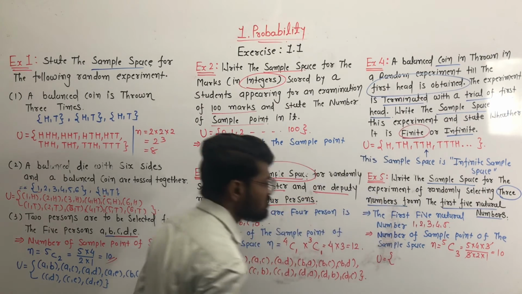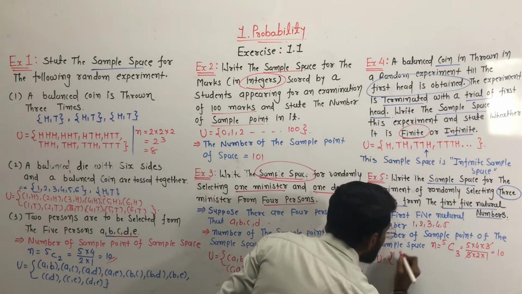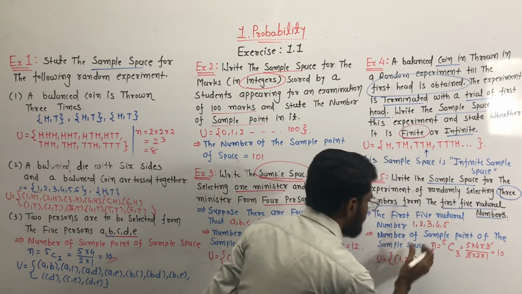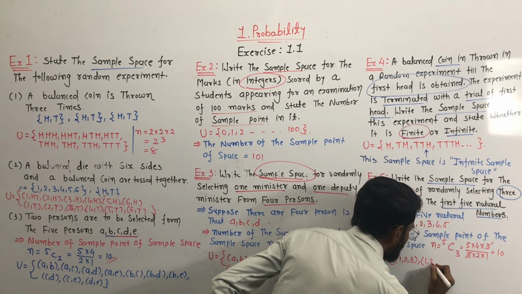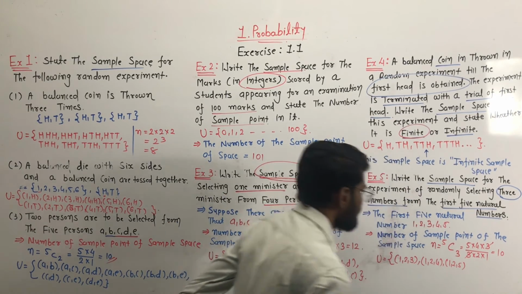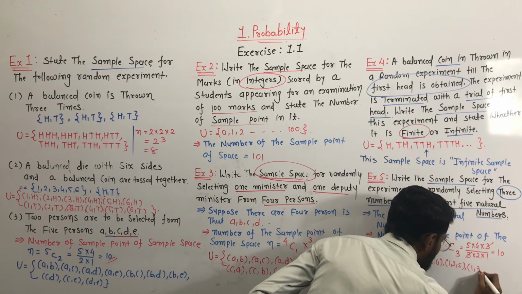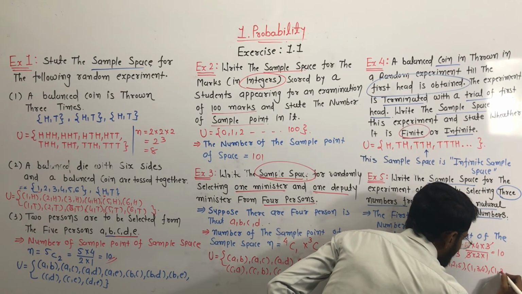Now we have to select 3 numbers out of these 5 numbers. If we select 1 2 3, then 1 2 4, then 1 2 5. Now if we select 1 3 4, then 1 3 5.